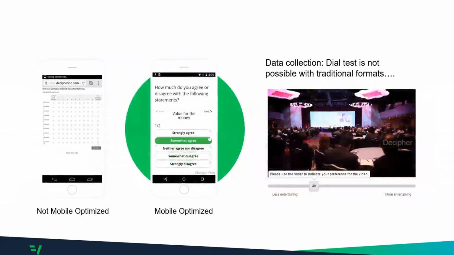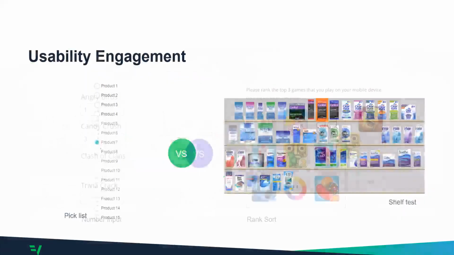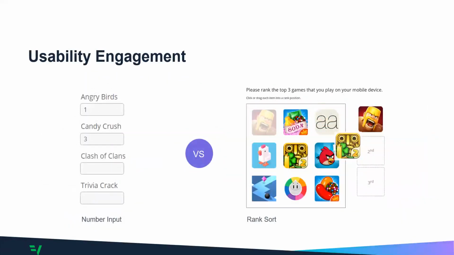Similarly, for a rank sort question, the act of sorting cards is a much more intuitive and efficient task than typing in a number. Having a clear benefit or a concrete purpose about what you're trying to achieve is really going to help keep you focused in creating something that will result in a more positive outcome.